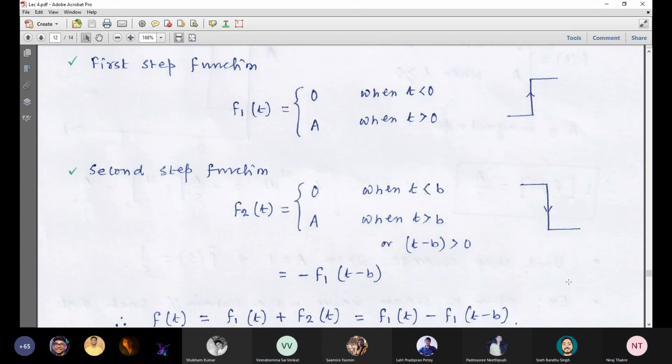Sir, but here it is reverse. So that's why I have given the minus sign here. No, it is reverse. You understand it this way: this is 0, this is a. We are considering 0 here, and this is minus a.